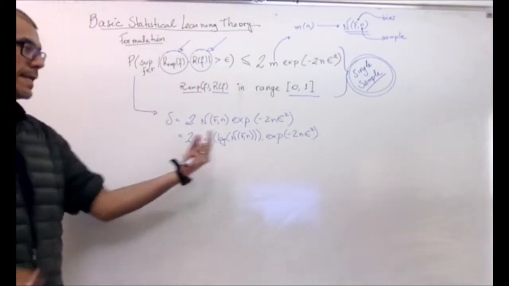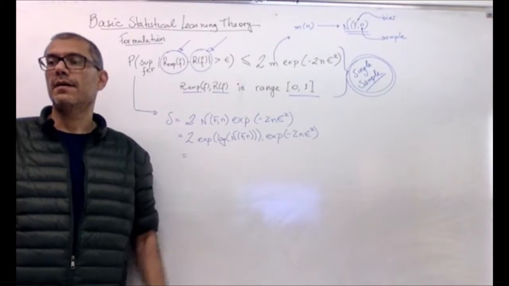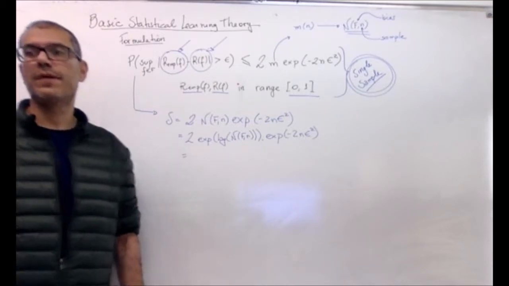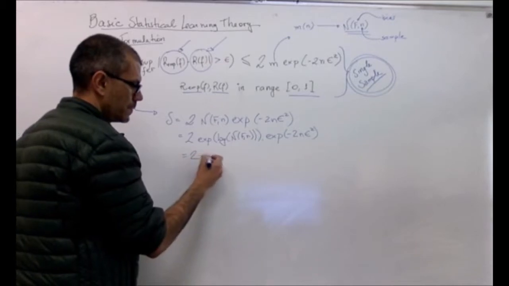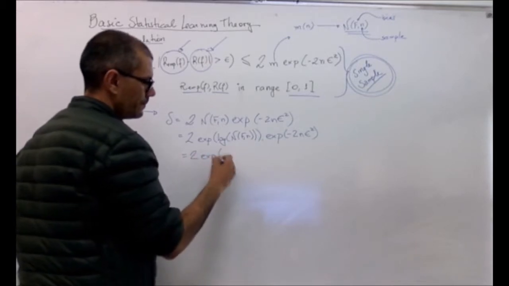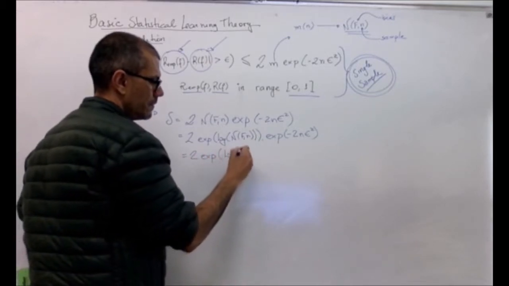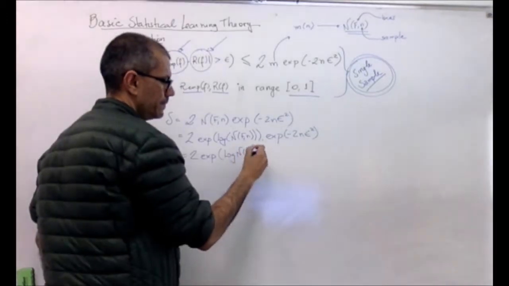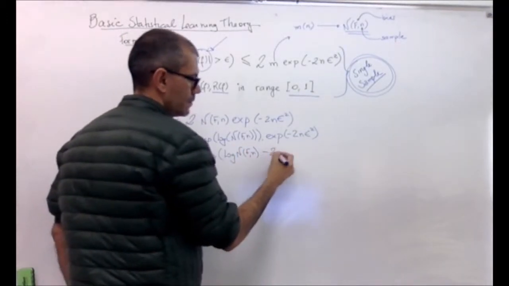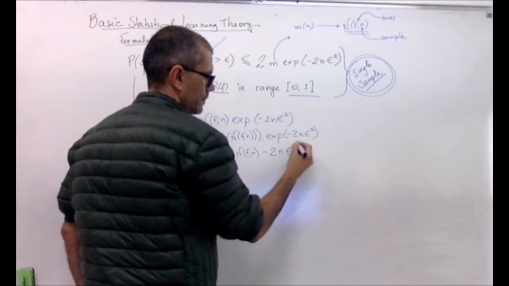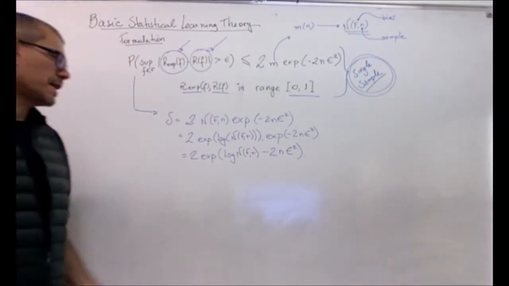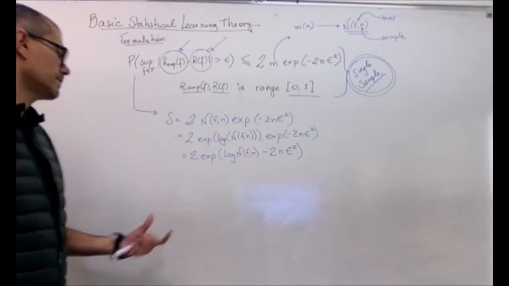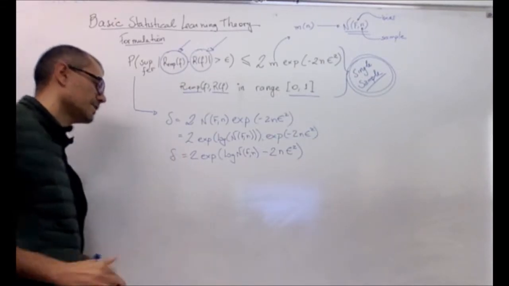In that situation, I can sum up the powers of both exponentials and end up with this: the exponential of d log of n F_n minus 2n epsilon squared. And this is our delta.